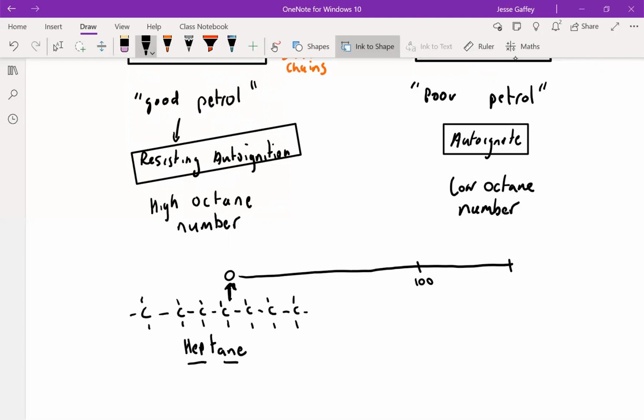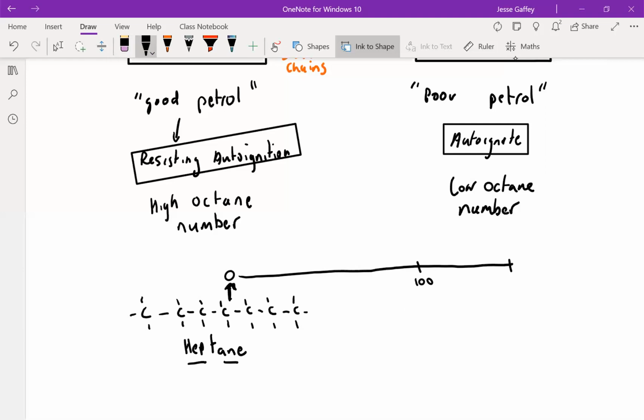To create a scale then, it goes up to 100. 100 is considered a very good molecule to have in a fuel. We have a substance here which we give a reference octane number of 100, and it's this substance here. 5 carbons in a chain, but sorry, I'm going to have to make a bit more space here.